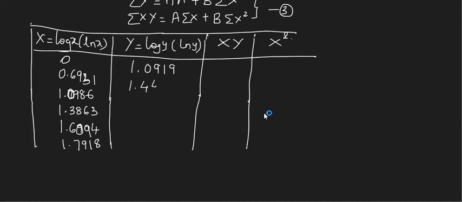1.4493, 1.4529. Next. 1.6506, 1.6506, 1 point. Okay, 1 point, sorry. 1.6506. Okay.